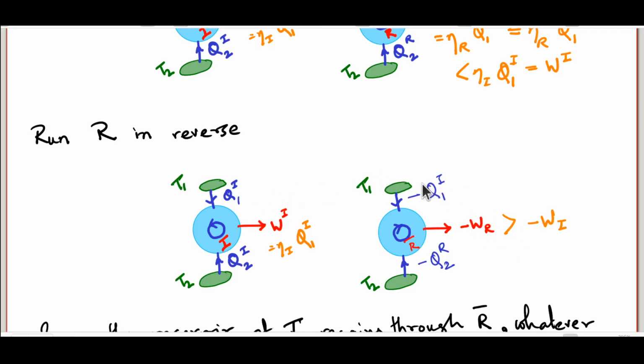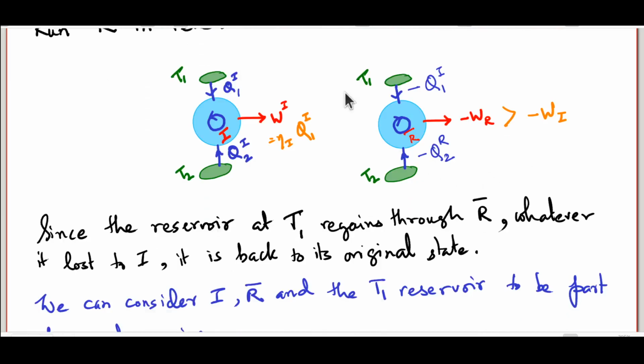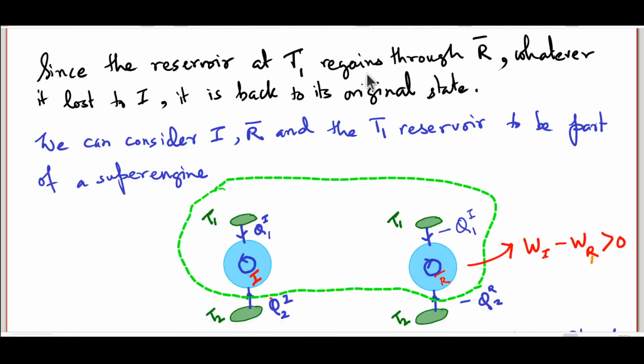As a result, it's back to whatever energy it had and back to the same state as before. And as a result, I can now take I, this engine, R bar, this reversed Carnot engine, and the reservoir temperature T1, all of them together inside a big engine because they are all back to their same state.